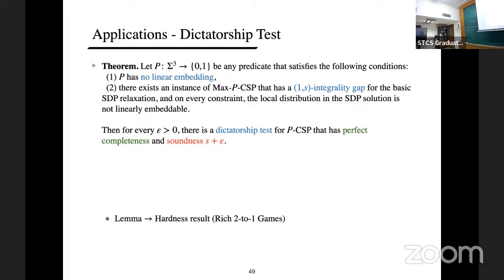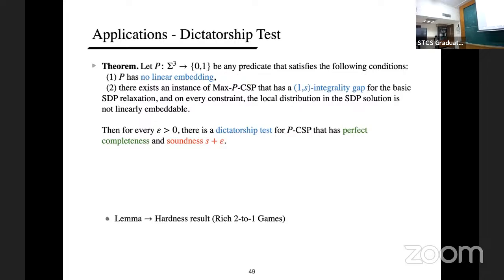What is that extra constraint saying? SDPs give you, for every constraint involving a tuple of 3 variables, some local distribution on the assignment of these 3 variables. Various constraints have their own local distribution.